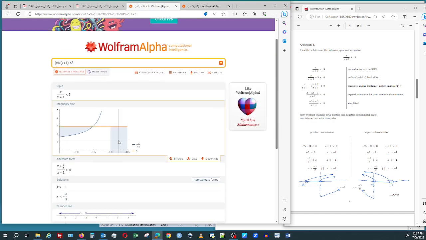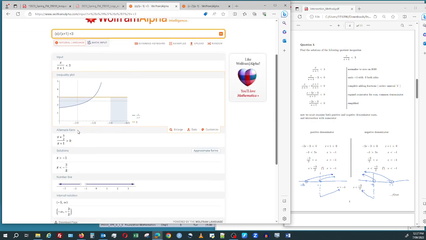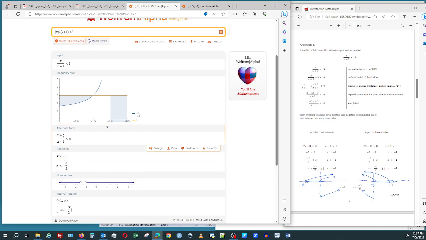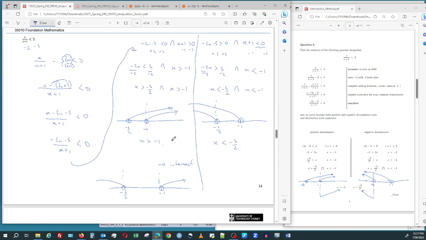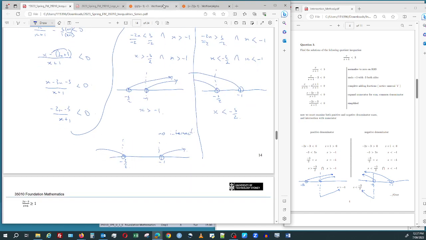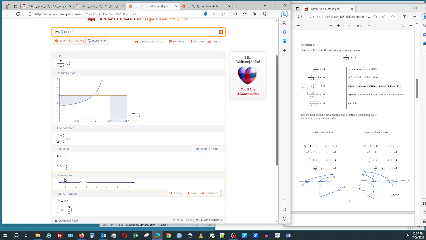There are your two distinct values. There's no intersection. X is greater than minus 1, well, that's what we worked out. Tick. And also, x was less than minus 1.5. There it is. So there's that break in there.